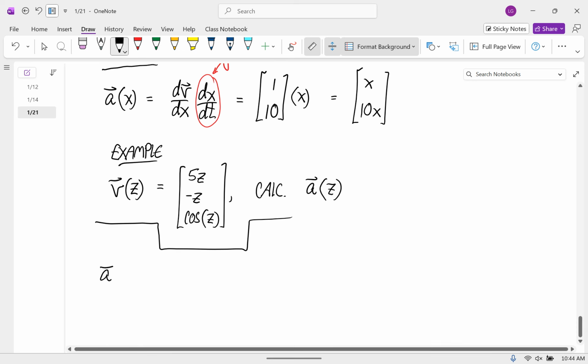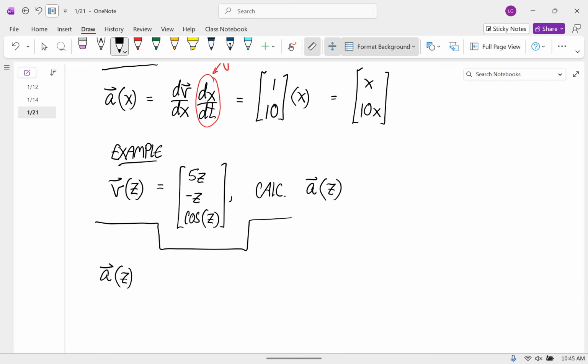Well, again, the acceleration is dv/dz times dz/dt. dz/dt is the z component of the velocity. dv/dz is ⟨5, -1, -sine of z⟩.